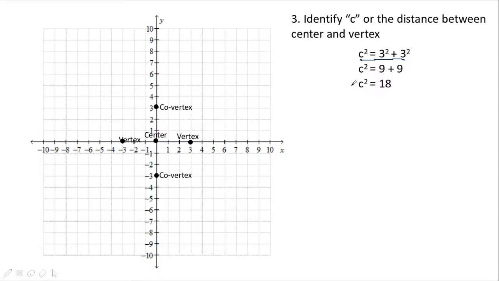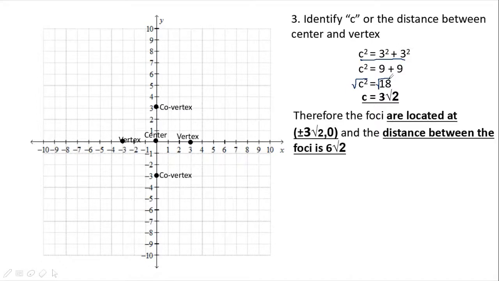To determine the value of c, we need to remove the exponent, so we need to find the square root of both sides. The square root of c squared is c, and the square root of 18 is 3 square root of 2. You can use your calculator if you need to. Therefore, the foci are located at plus or minus 3 square root of 2, comma 0, and the distance between the foci is 6 square root of 2.